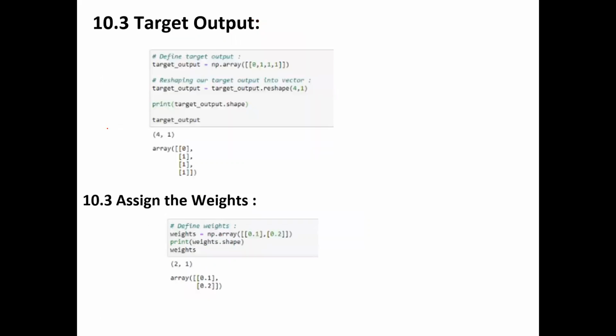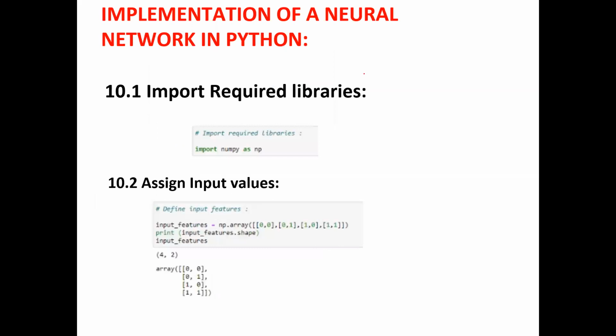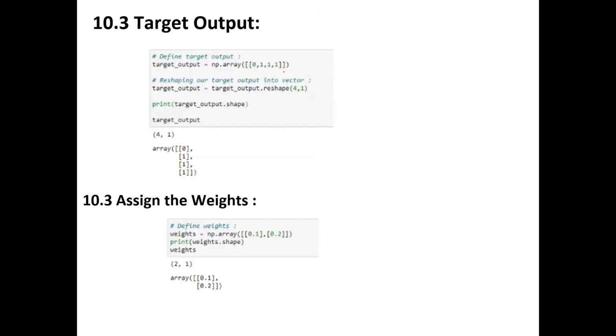Then we define the output as an array. In this order 0 0 we get 0, 0 1 we get 1, 1 0 and 1 1 we get 1. For that we define the output array, and find its shape. It is a 4 cross 1 matrix, which means 4 rows and a single column.